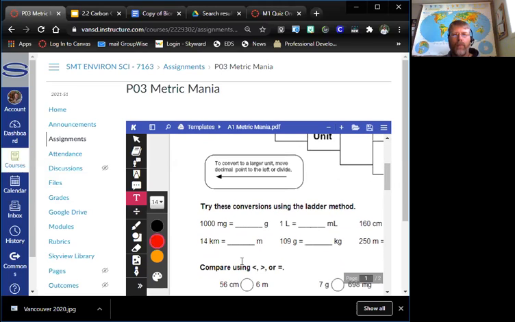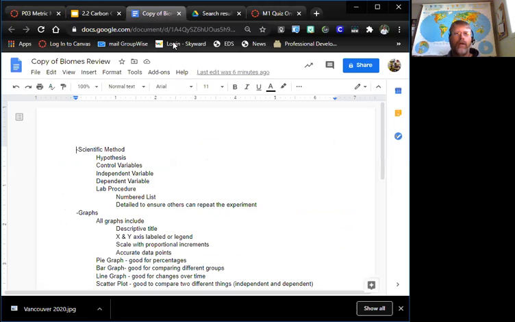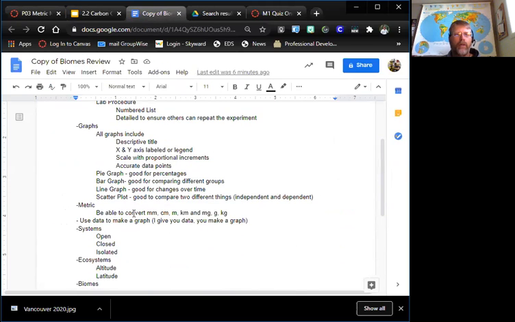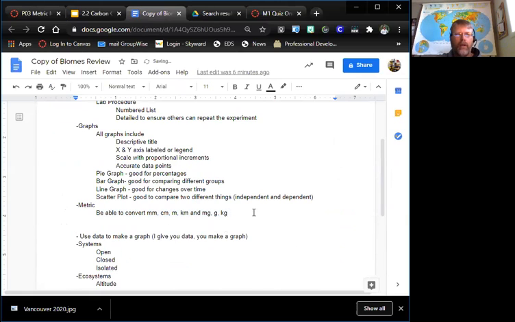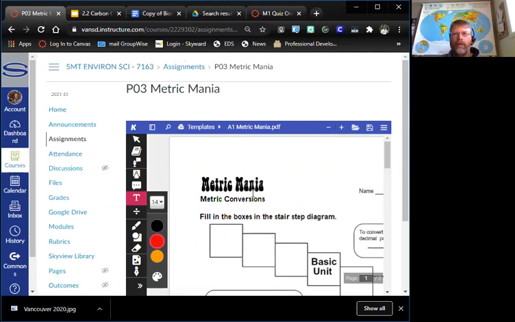For example, let's look at 14 kilometers to meters. As you notice in the thing I posted, we're converting all these units. Remembering back at that slide, kilo is going to be up in this box, and meters is going to be over here.